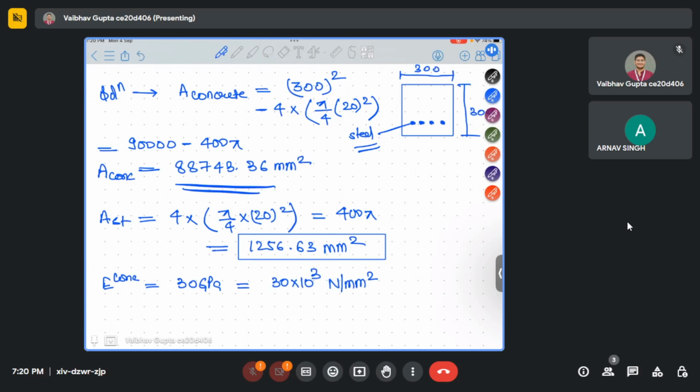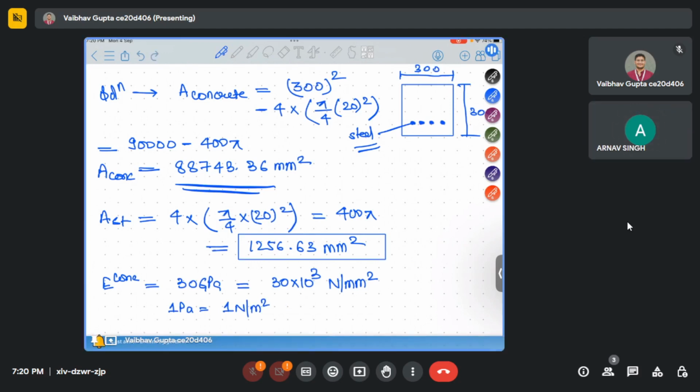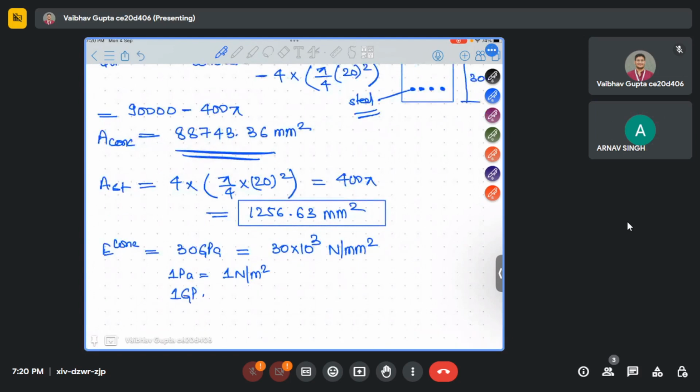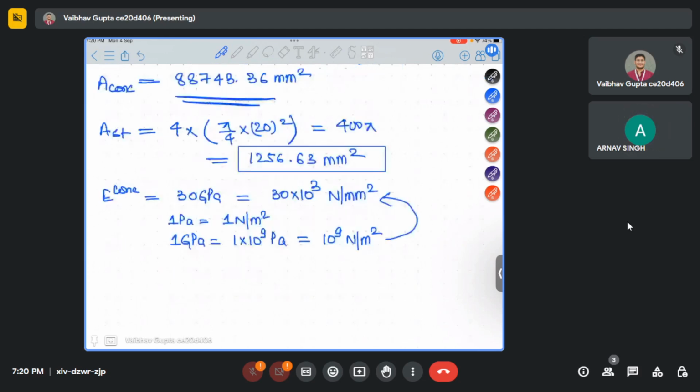You know these units, how to convert. 1 Pascal is nothing but 1 Newton per meter square, and 1 GPa is 1 into 10 to the power 9 Pa, equal to 10 to the power 9 Newton per meter square. To convert this to mm, you multiply by 10 to the power minus 6. That's 10 to the power 3, and 30 is given, so 30 into 10 to the power 3 Newton per mm square.